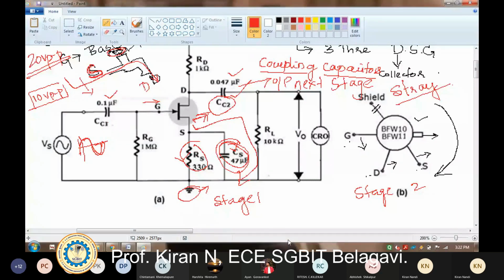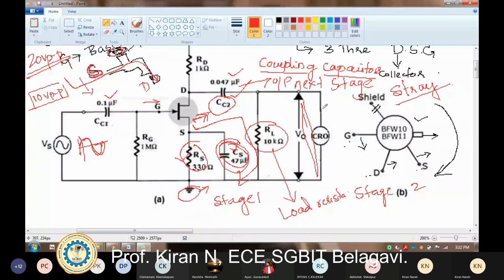And RL is a load resistance, used across the load always. This load resistance is used to protect the load. Suppose you are connecting a mic, a speaker, a fan, a regulator or an LED across this output terminal, any load device.